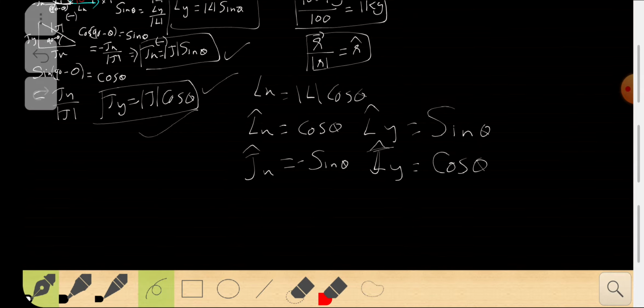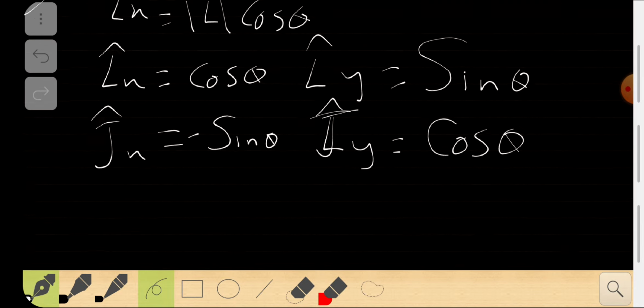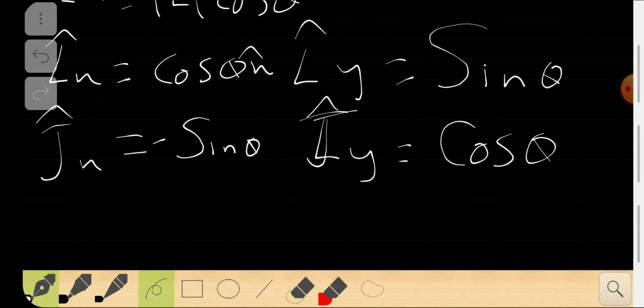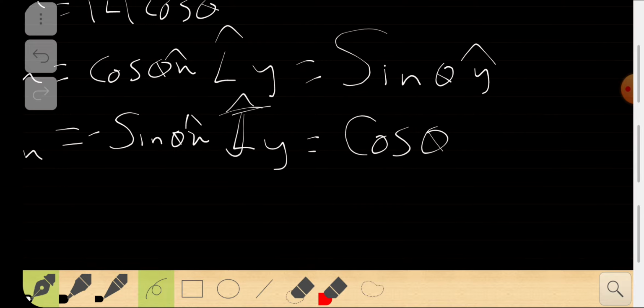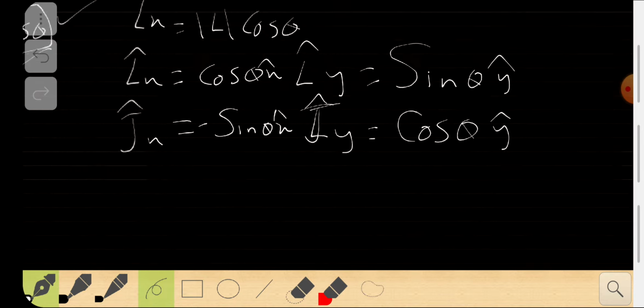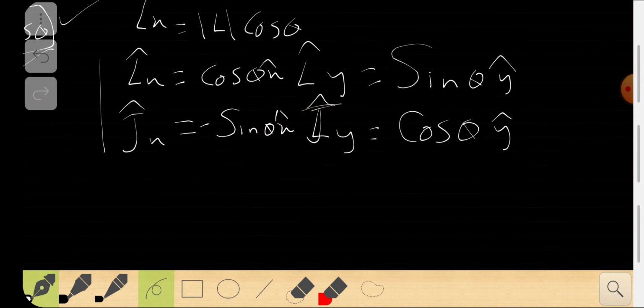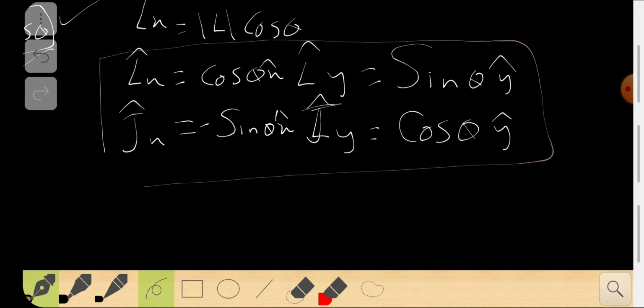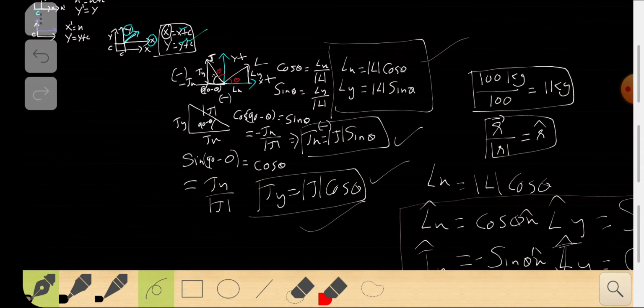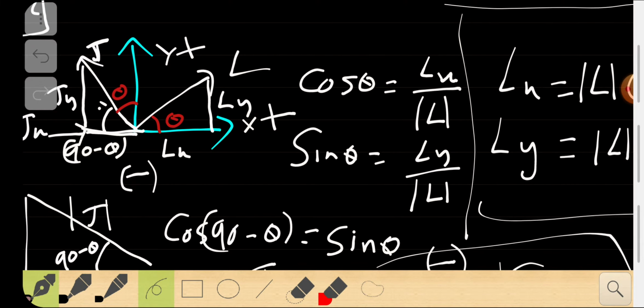So that's it. Now with the unit vectors, because this side is a vector, this side is also a vector, so this is x cap and y cap. So that's the vector that you will get. So we have found the unit vectors in the new coordinate system, the new l and j unit vectors.